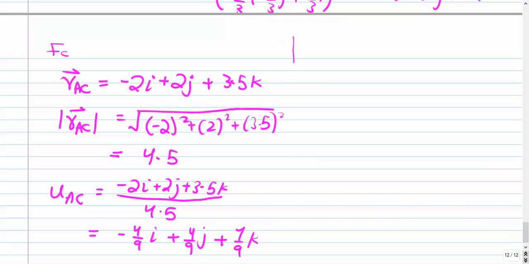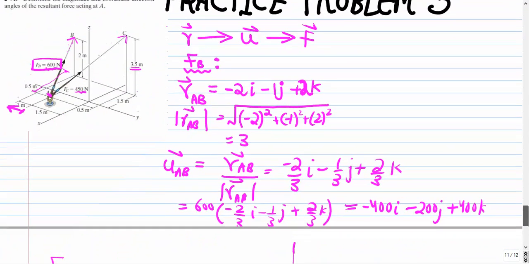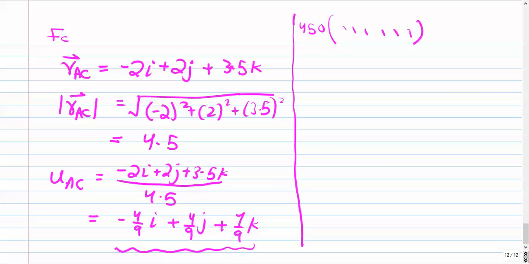Now that we have our unit vector, we can find the force vector from the point A to the point C by multiplying the unit vector by its magnitude, and that magnitude is 450 newtons. So 450 multiplied by the unit vector that we found. I'm not going to write that down.